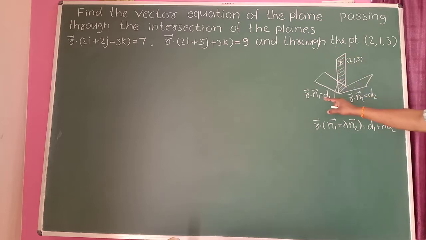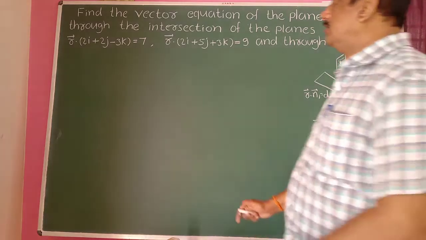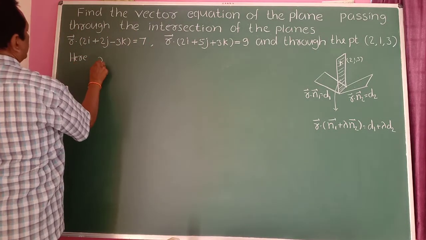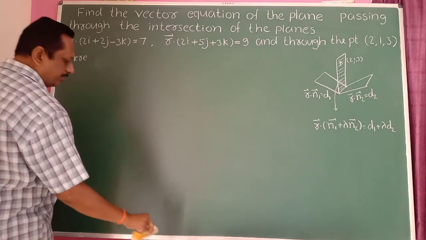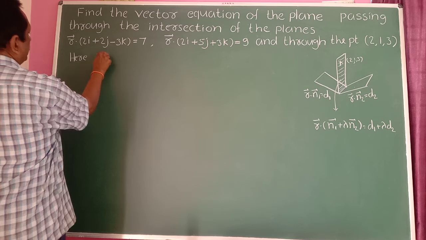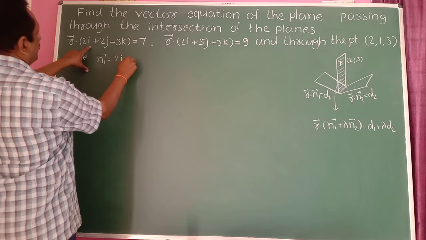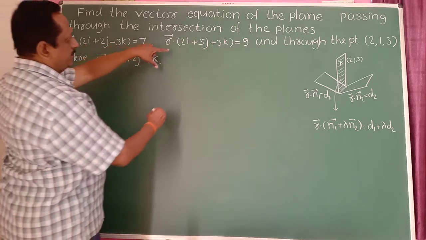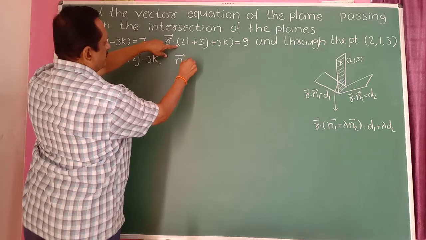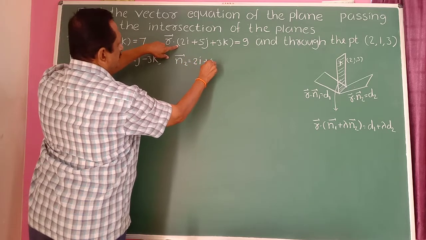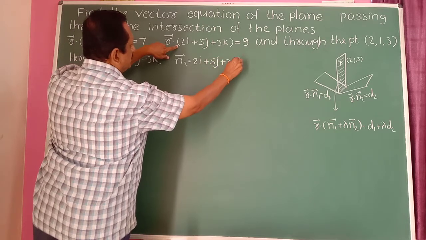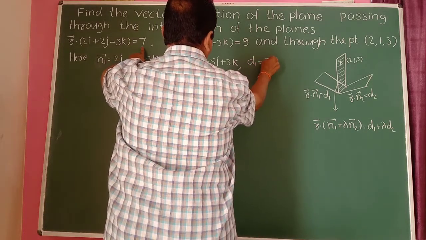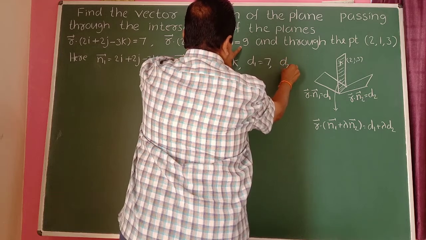Therefore, comparing the given equations with these two planes, n1 bar is equal to 2i + 2j - 3k and n2 bar is equal to 2i + 5j + 3k. d1 is equal to 7 and d2 is equal to 9.